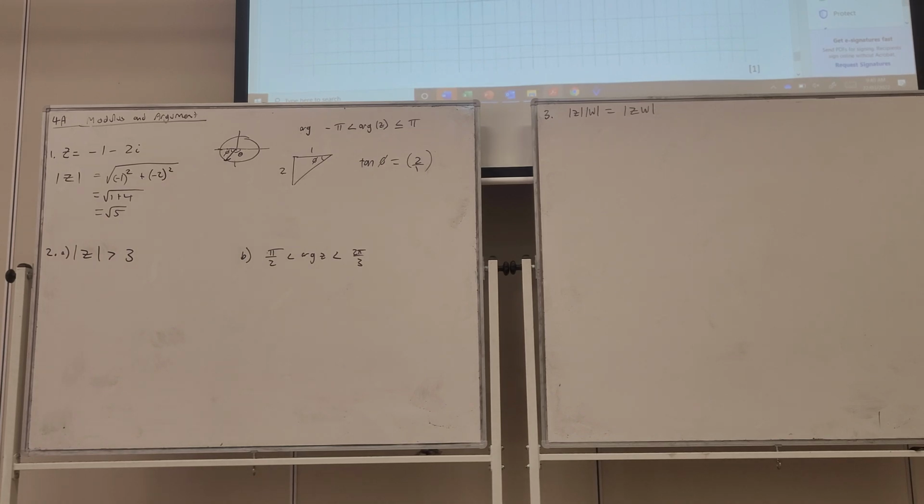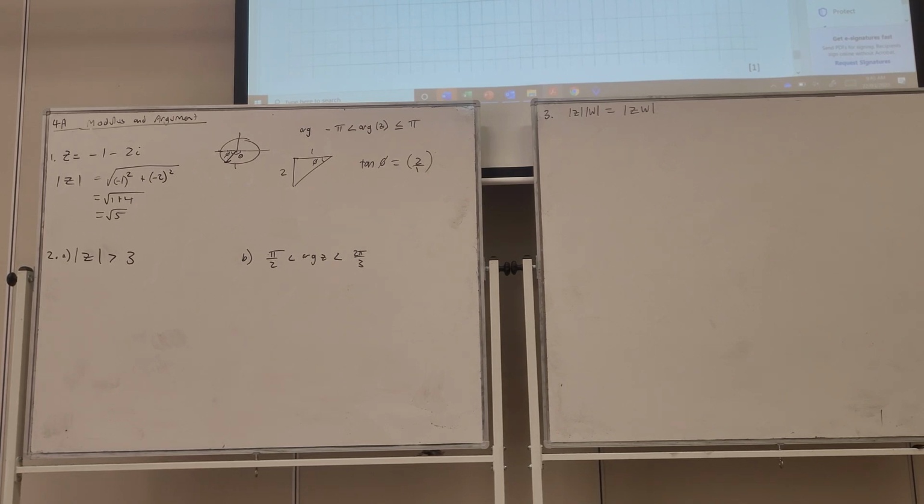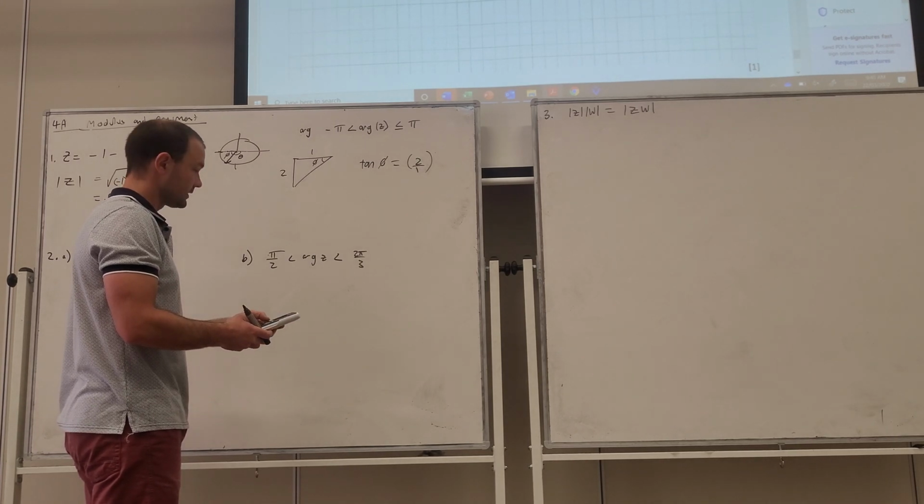Can't see a unit circle here. Sometimes it links to the unit circle, so I haven't set this one up very well. I'll grab the calculator first. So, the inverse tan of 2. Yeah, so this is a nasty one.